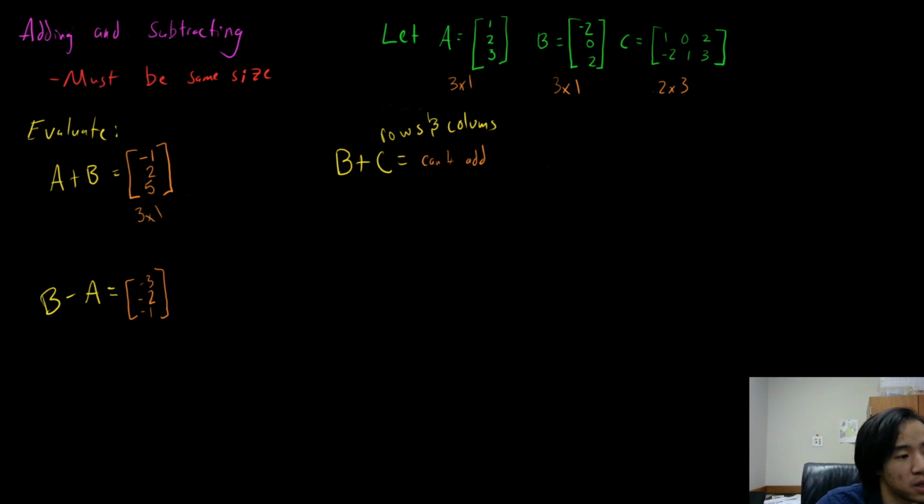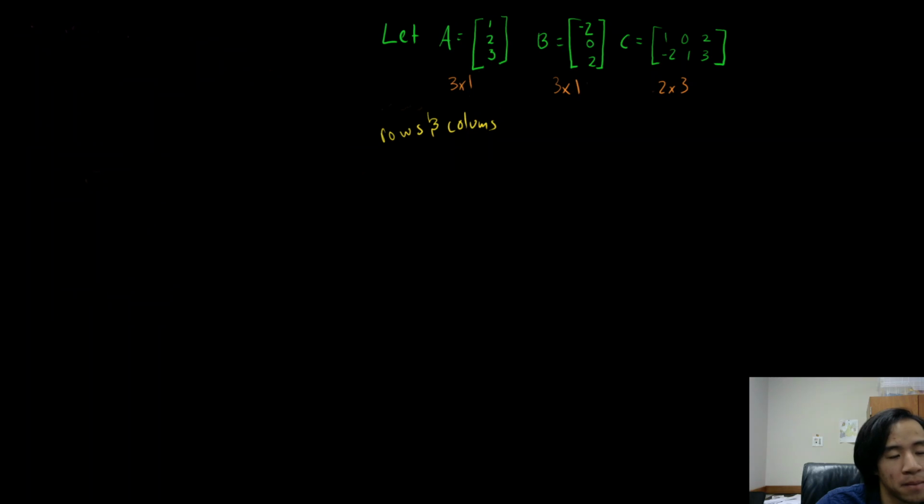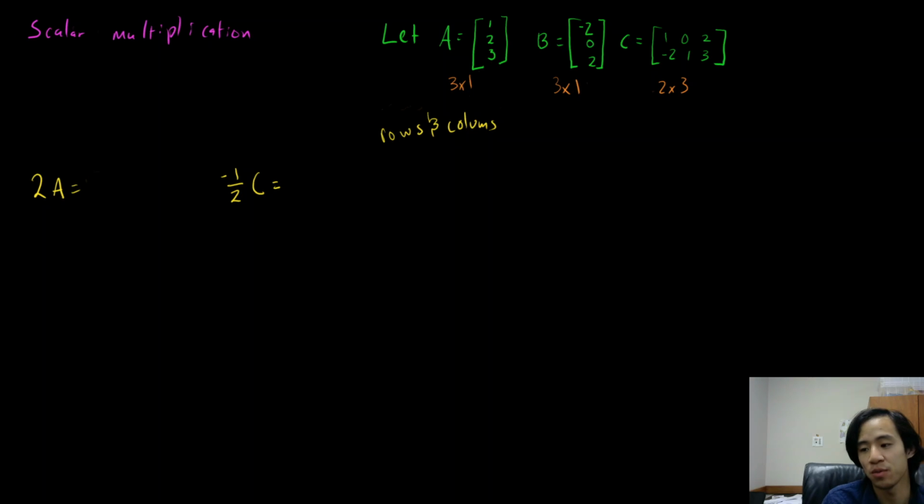All right, so moving on, we have scalar multiplication. And this is just basically multiplying a matrix by a number, not another matrix. And this is also going to be another element-wise operation.